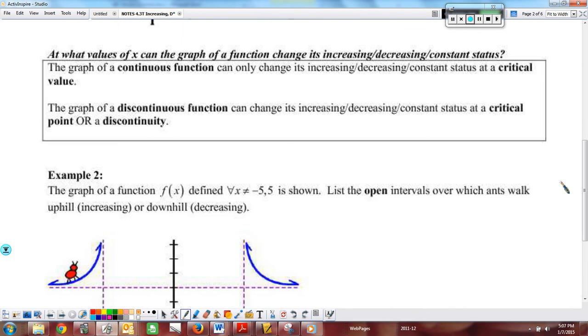Now, at what values can the graph of a function change from increasing to decreasing status? Right, now I'm going to underline: a continuous function can only change its status at a critical value. A continuous function can only change its increasing, decreasing status at a critical value. So this would be a value where f of c exists and it's continuous at x equal to c.